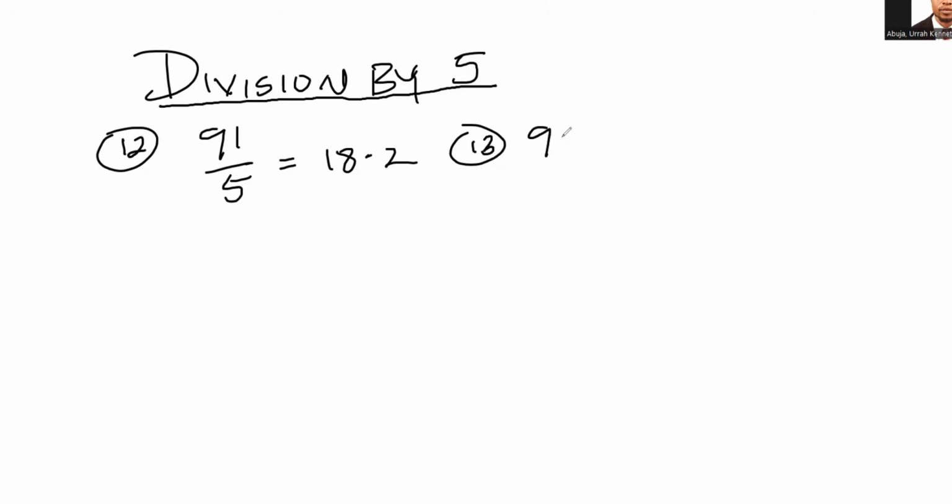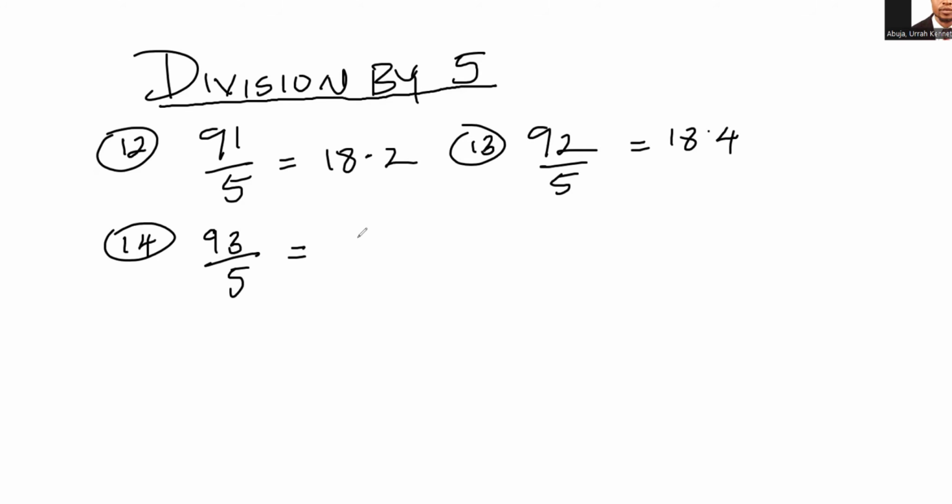13. Now, 92 divided by 5 will be what? 18.4. Now, likewise, 14. 93 divided by 5 will be what? 18.6.